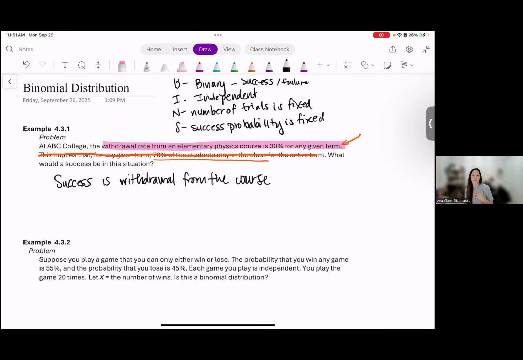Now, as a teacher, I don't see this as a success, right? I don't want a student to withdraw from a course. But in the situation that is defined, that is success. And the probability of success is 30%. The probability of failure is 70%. And notice that 30 and 70 add up to 1 whole.